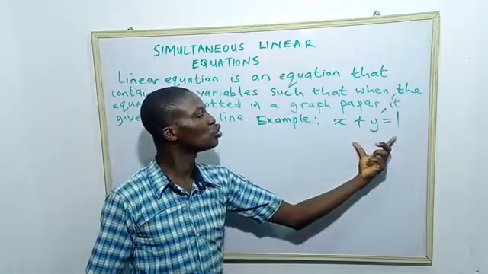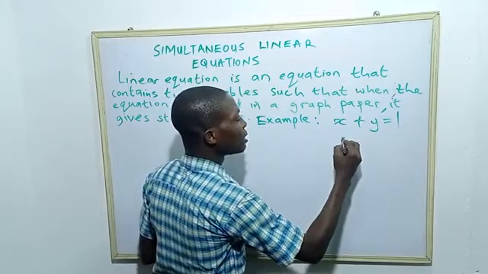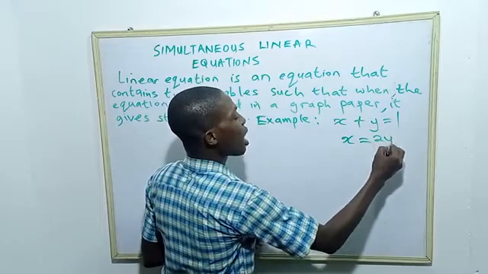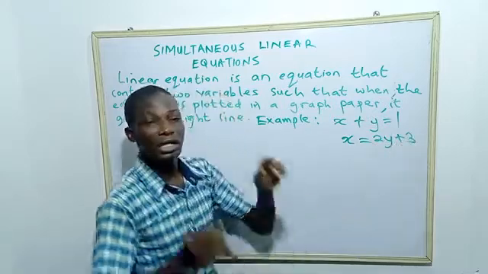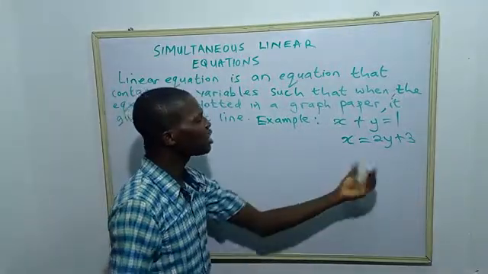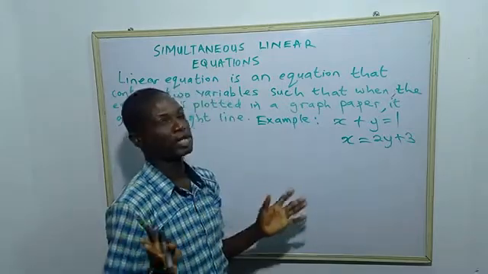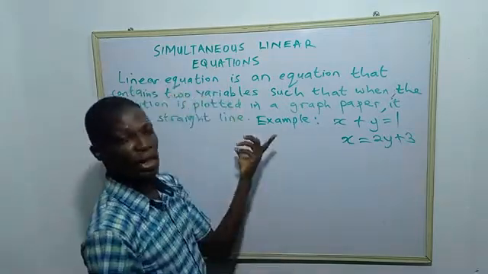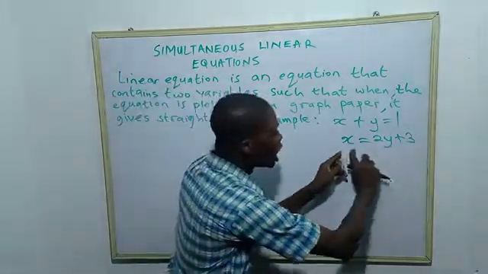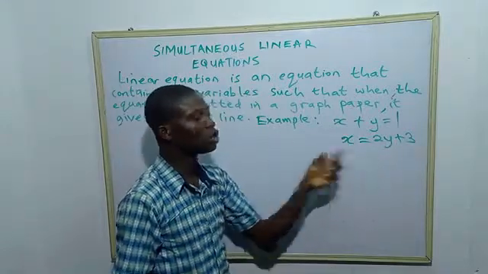Sometimes they could write it as x equals 2y plus 3. So we still have two, the x and the y. For this topic, most times there are two variables in just one equation.